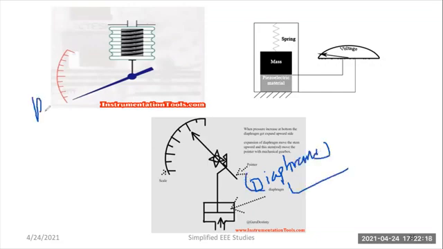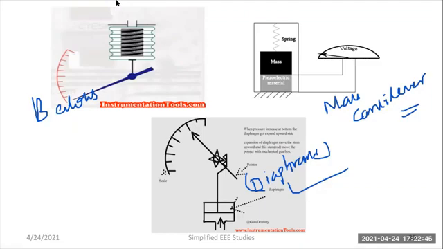This is basically the bellows, and this diagram is the mass cantilever. Actuating mechanism will be involved in these devices. More than that, these devices are a part of a transducer.